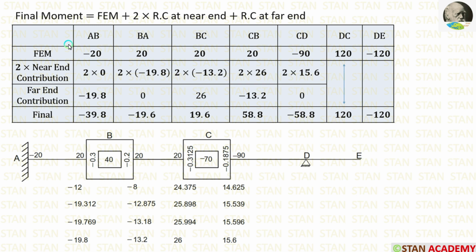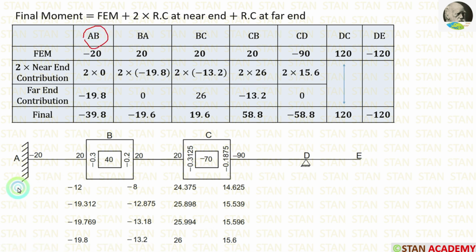Let us make one table. In the table, we can enter the fixed end moments, 2 into near end contributions, far end contributions, and the final moments. We have already calculated the fixed end moments. We can enter them. For the near end contribution and far end contributions, we have to select the values which we got in the final cycle.